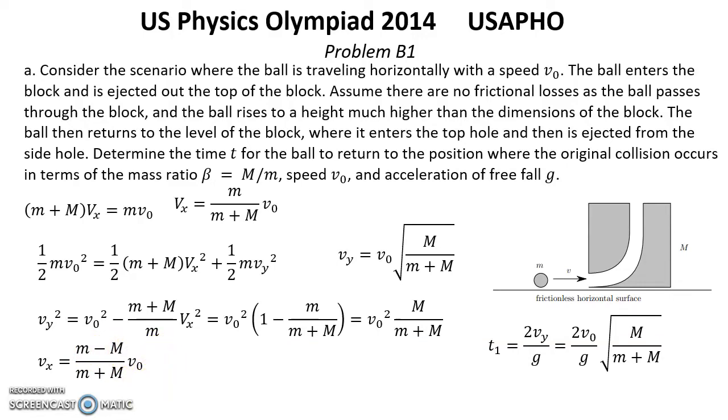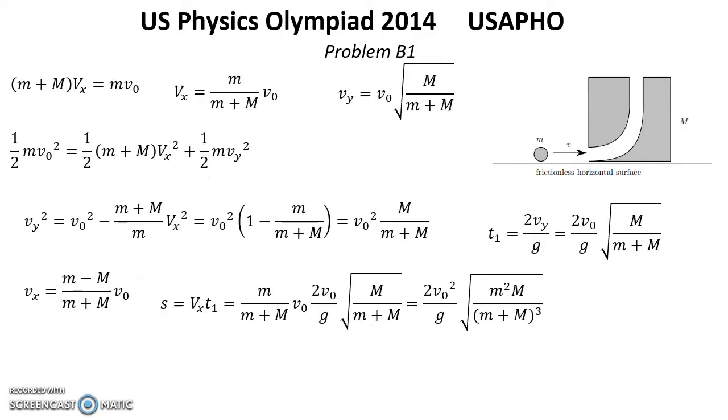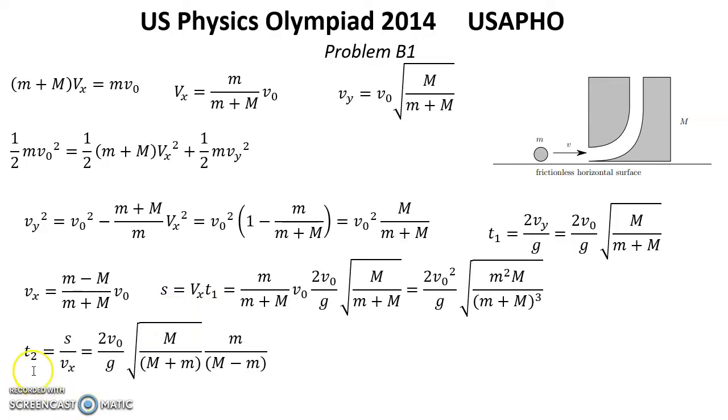So first we can count the distance covered by the block during time t1. This distance s will be Vx multiplied by t1, which is this expression, and after all this expression. Now we have to find the time for the ball to cover this distance to reach the initial point. That will be t2 equal s over v small x, which is this one.